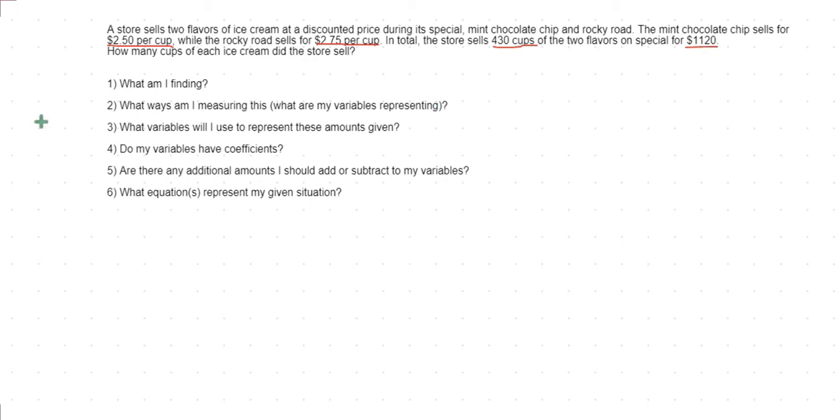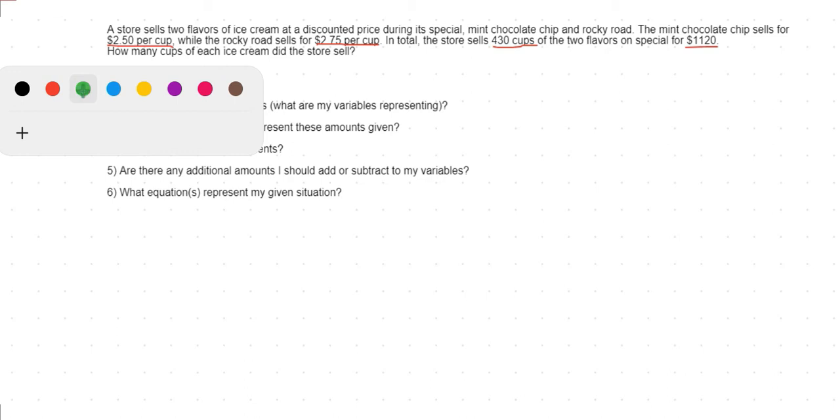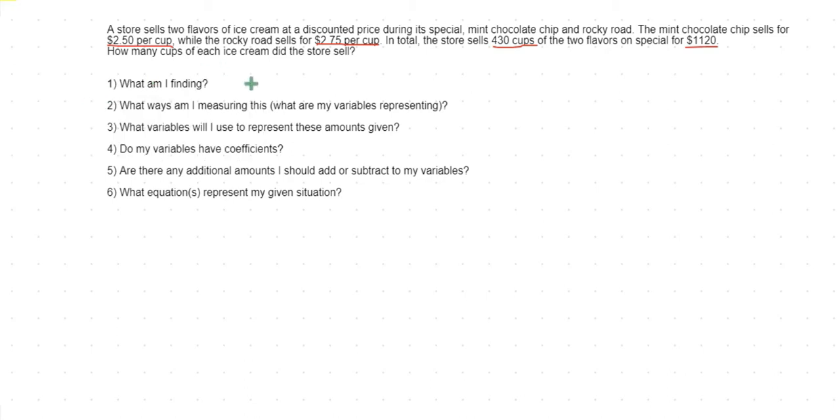Okay? One other thing that I do as well, usually in a different color, maybe double underlining, is I take the operation words, things that involve math words, and pull them out for myself. For example, we have the word per here.